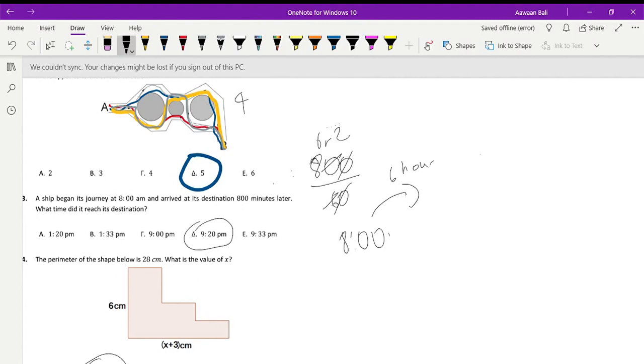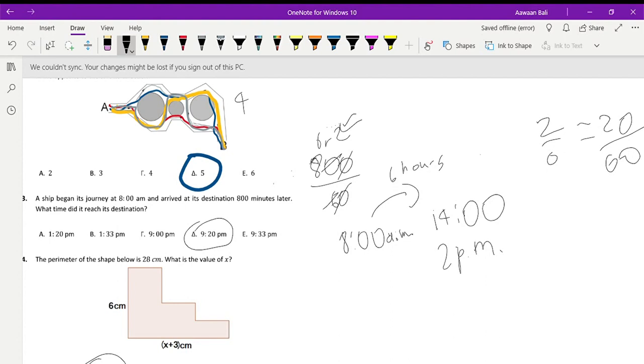So it's 8 a.m. and 6 hours it would become 14 o'clock in 24-hour time, but to find how much time it would be in PM, you would minus that by 12, so we get 2 PM. Now we have the remainder 2, and this is basically 2 upon 6, 20 upon 60, since we were dividing by 6 here.